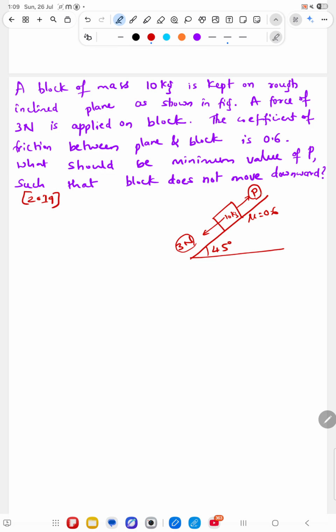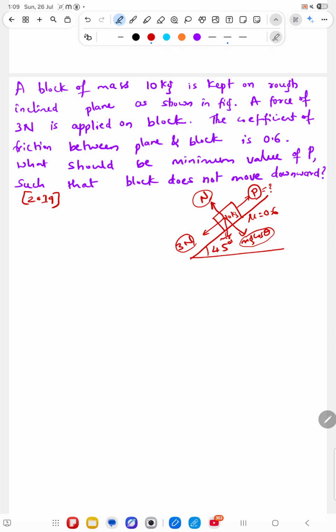So we need to calculate this P value so that the net resultant force acting on the block must be 0. Here this is mg, this force is mg cos theta, and this is the normal reaction force. These forces are also taken into consideration so that the resultant of force must be 0.